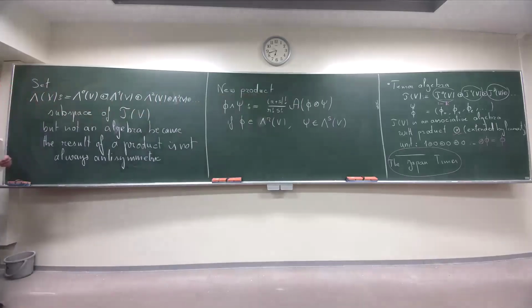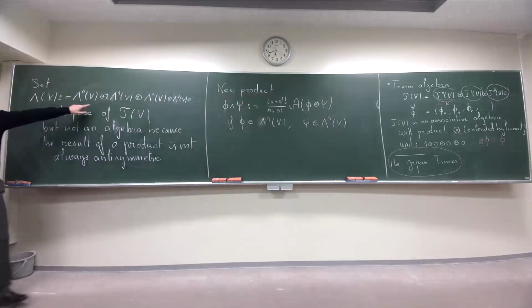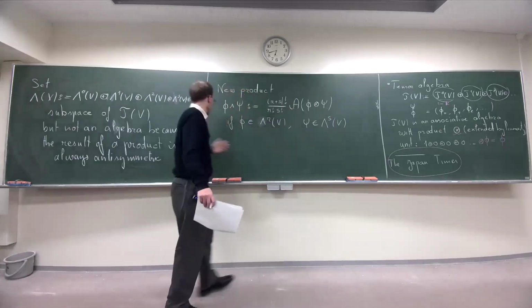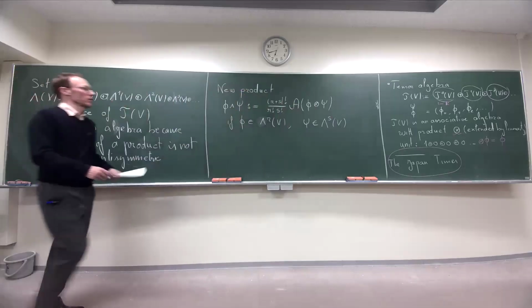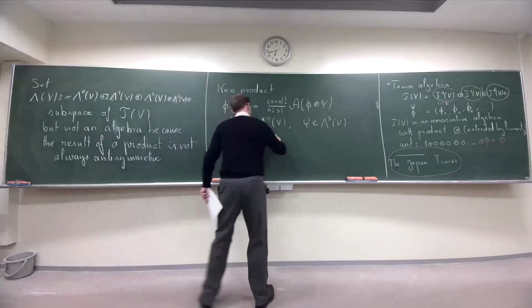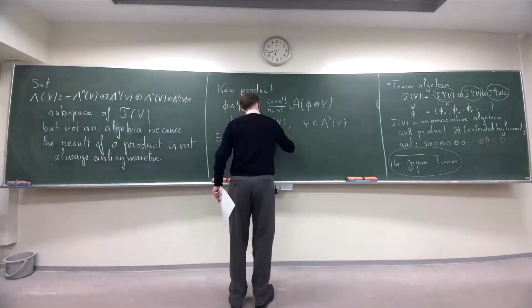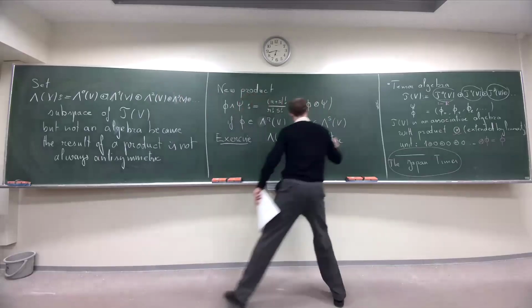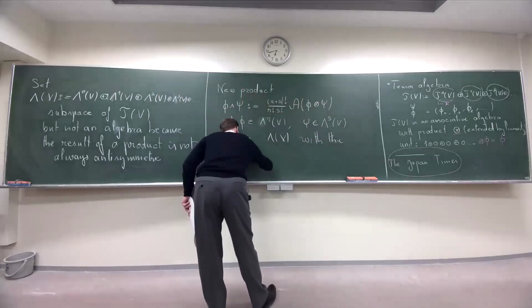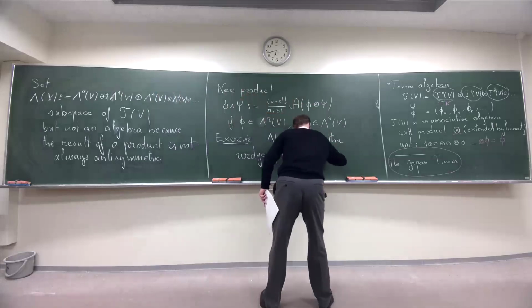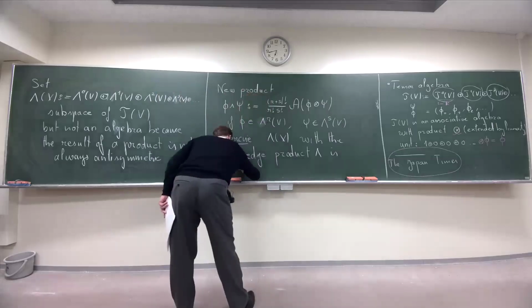And you can easily observe that it's now going to be stable, because when you multiply with something and antisymmetrize, it's antisymmetric and it has all the good properties you can check. So it's an exercise that this set with the wedge product I have just defined is an algebra.